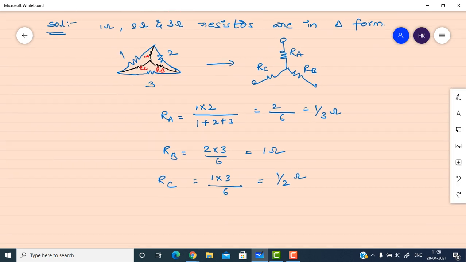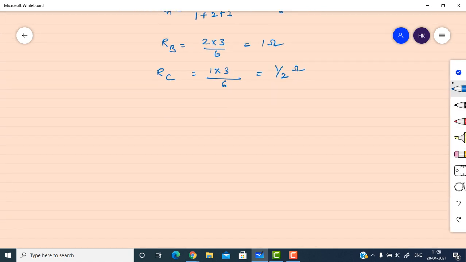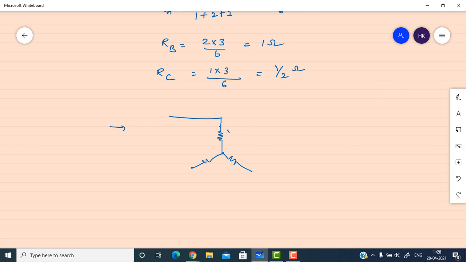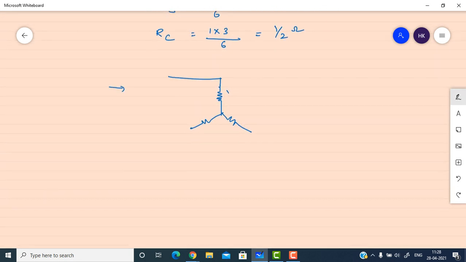Now redraw the entire network by replacing the delta network with star. RA value 1 by 3, RB 1 ohm and this is 1 by 2 ohm.